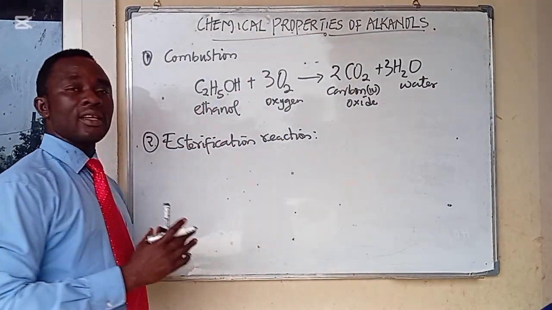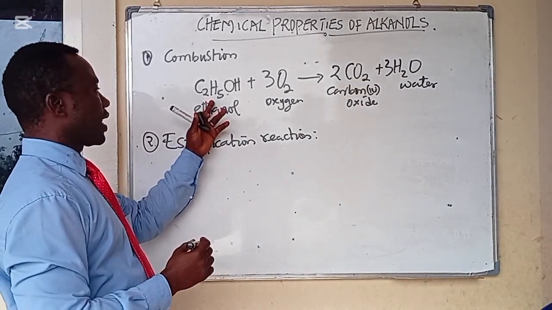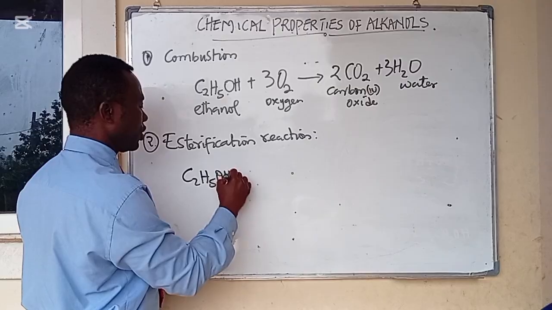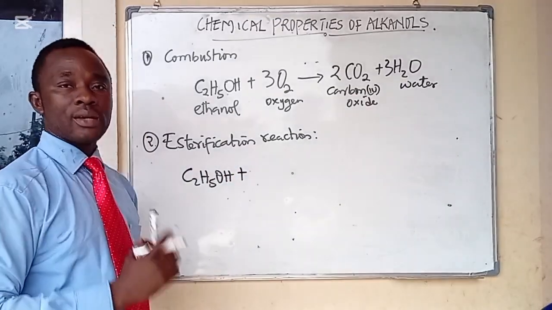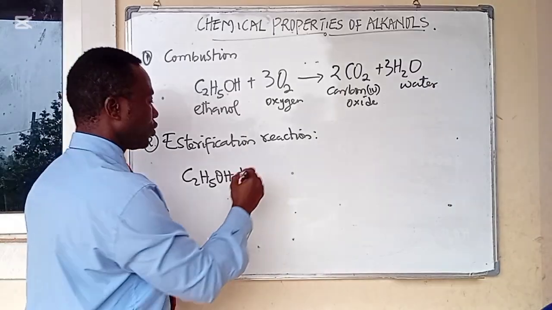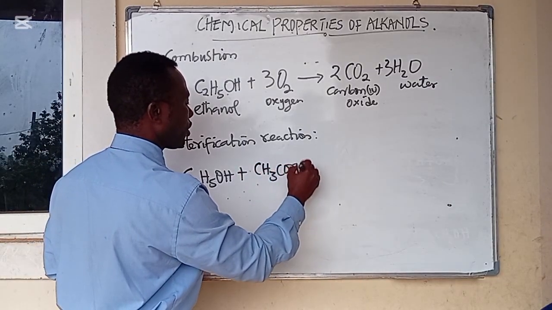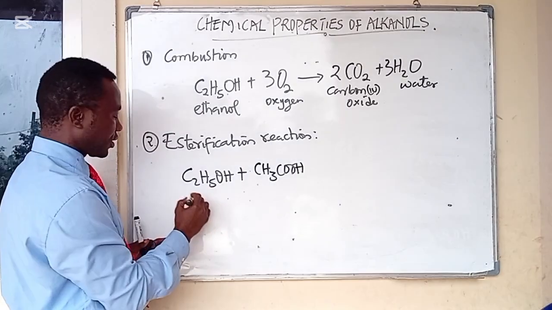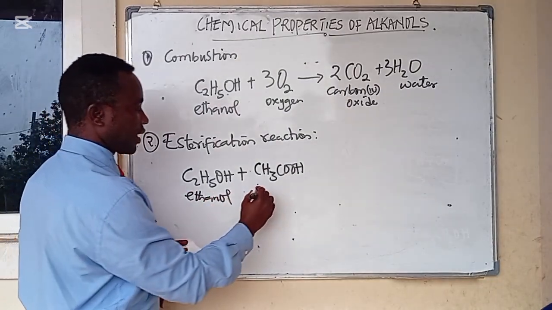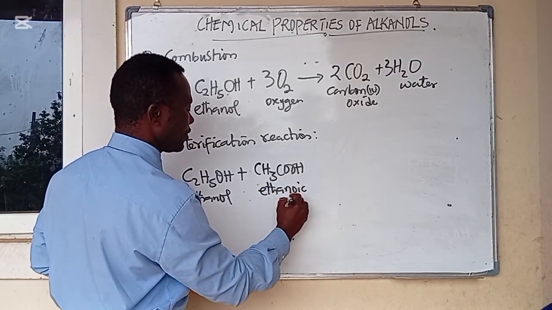Now we can take a specific alkanol. Let's say we use ethanol. Ethanol is C2H5OH. This is reacting with an alkanoic acid, which is CH3COOH. So this is ethanol reacting with ethanoic acid.